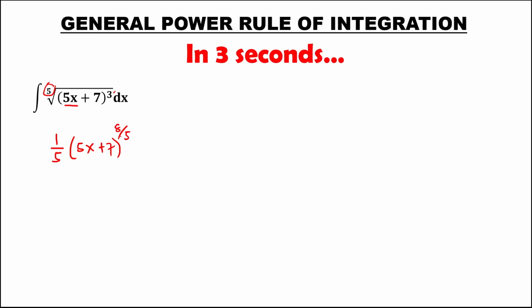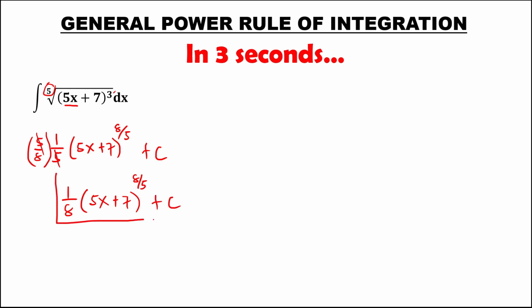Since the exponent is 8 over 5, then multiply this by the reciprocal. So times 5 over 8, then plus c. Then observe, we can cancel this 5. So we have now 1 over 8, then (5x + 7) to the power 8 over 5 plus c.